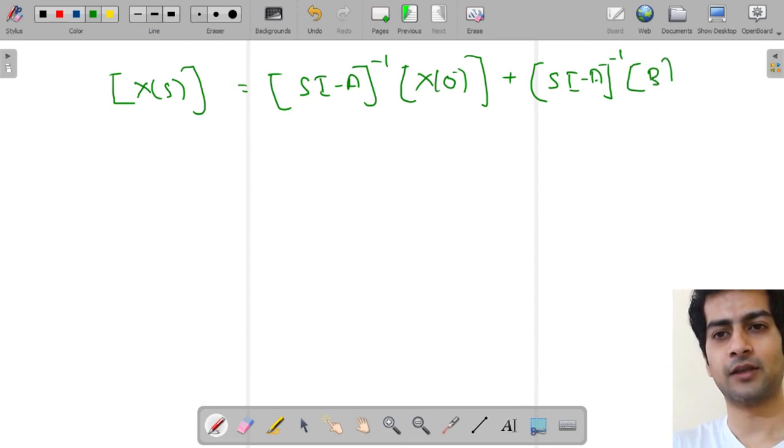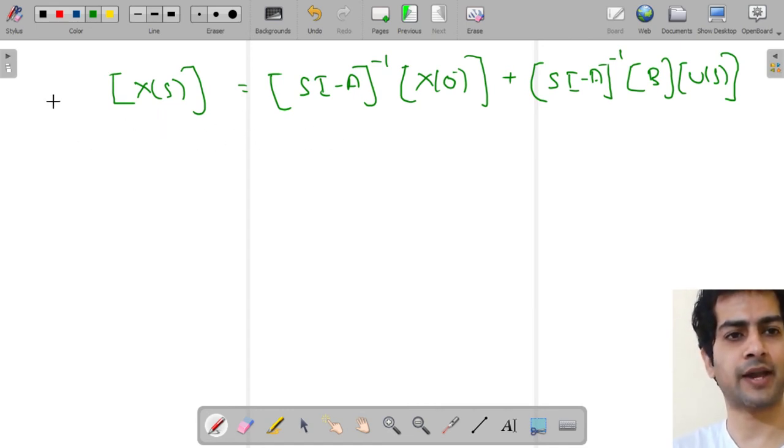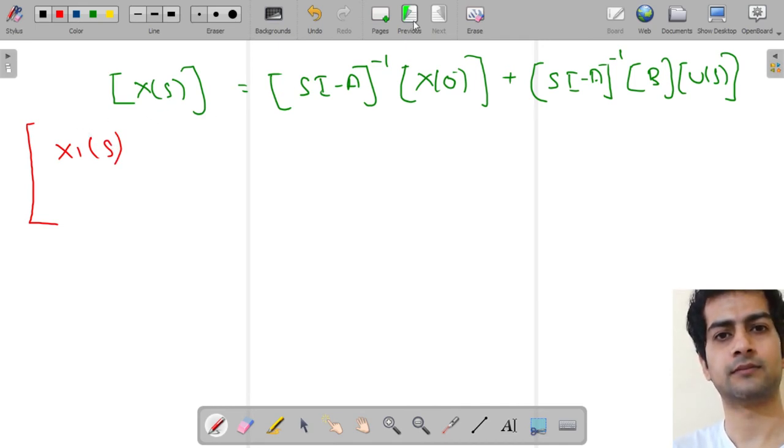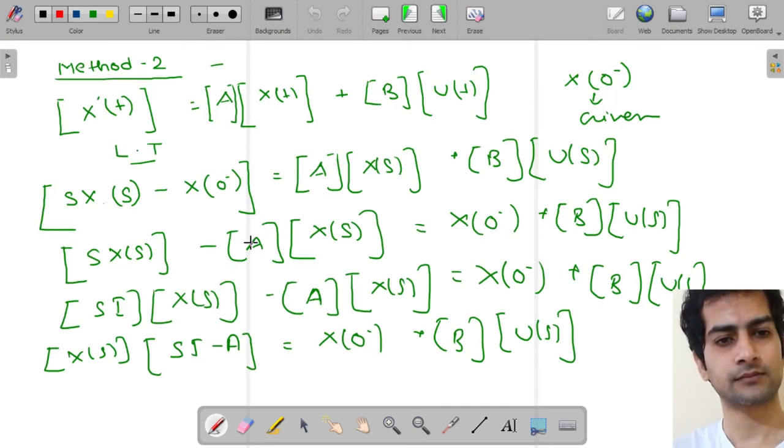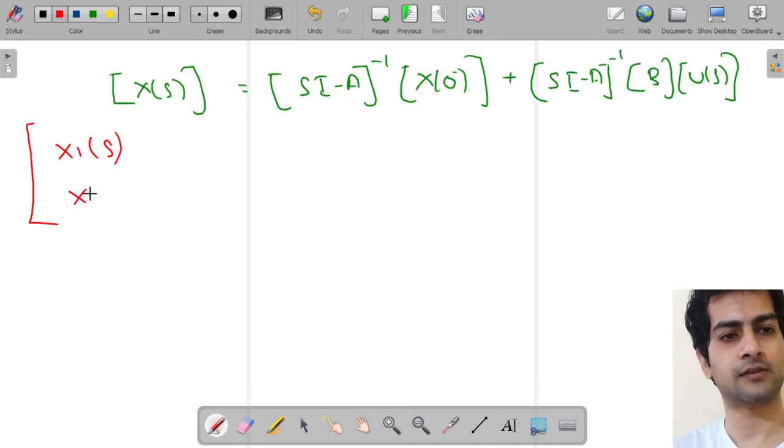Okay. So this is something which we are getting. Suppose if we want to expand it a little further, we can take it in this form: X1(s), X2(s).